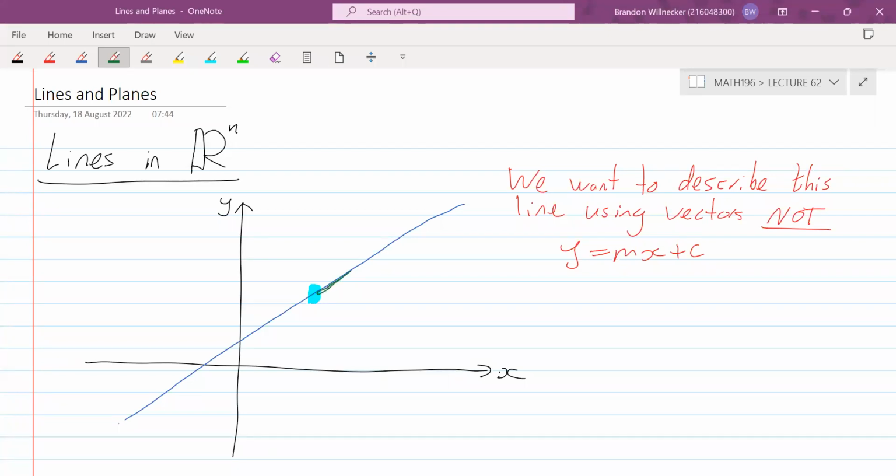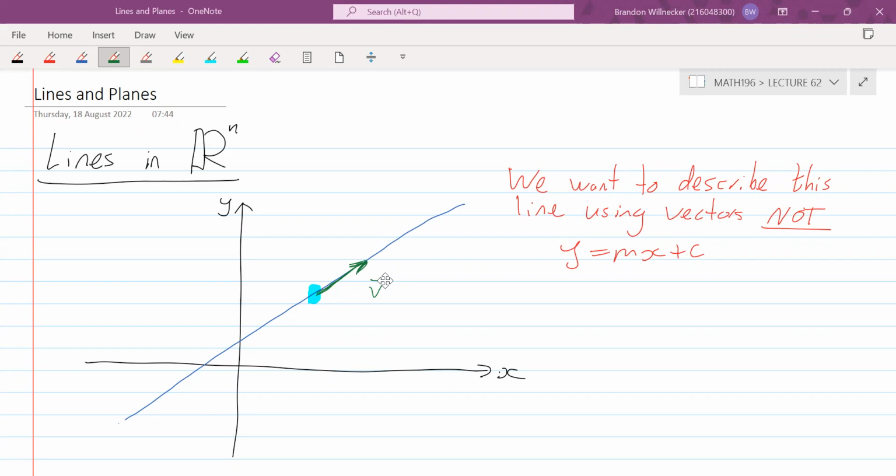So you pick a point and then you say, this line going through that point, I want to describe it using a vector. We imagine a vector that lies along the line, something like this. We're going to call that vector v. And if we scale this vector, we can then reach any point along this line, because remember, scaling the vector just means making it longer or shorter.